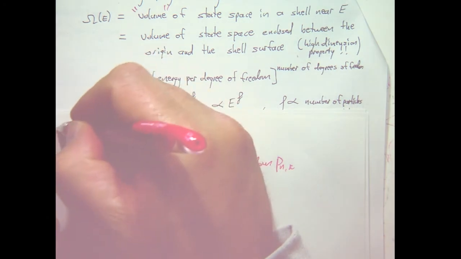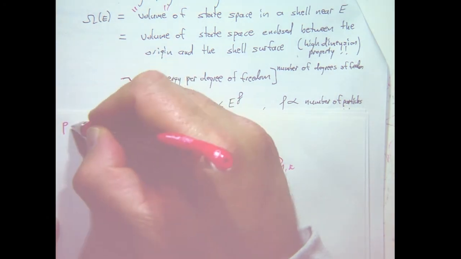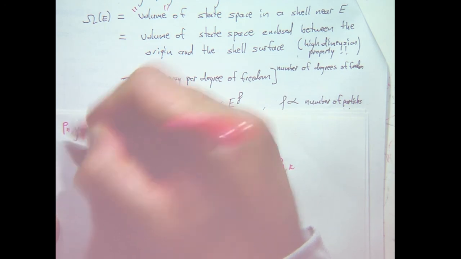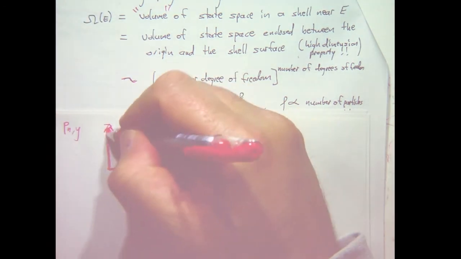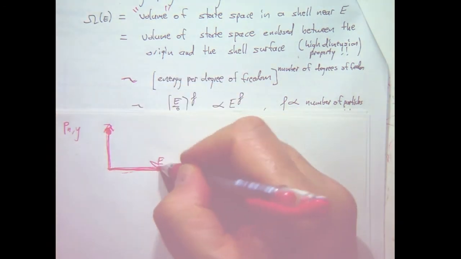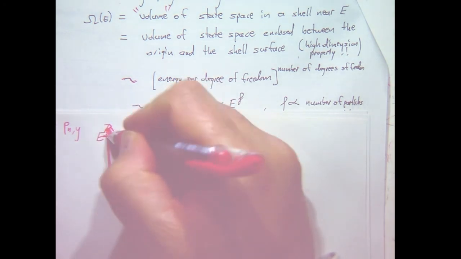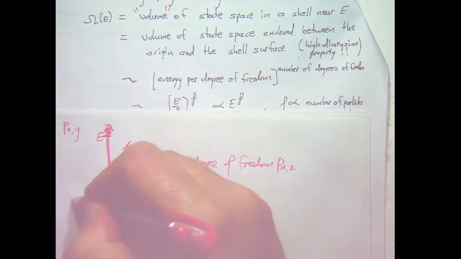And this is maybe the momentum, the degree of freedom, DOF, of the nth particle in the y direction, or the n plus 1th particle or something, whatever. It's a degree of freedom. And so on each axis, the upper bound is like E. All the energy could be in there, or in there, or in any other dimension. The dimensions are degrees of freedom.